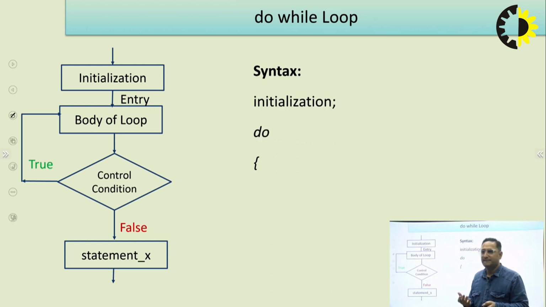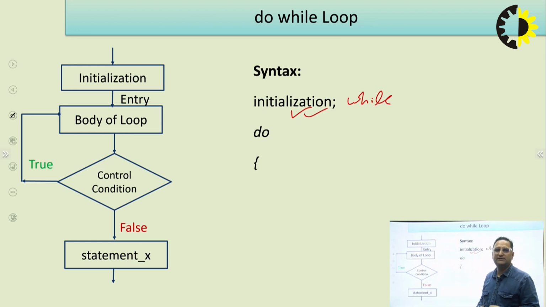Syntax: again, initialization, same as in while. In terms of initialization, the for loop is the only exception, taking care of initialization within the loop itself. But in the case of do while and while, initialization is done above the body of the loop, and then comes the keyword do.